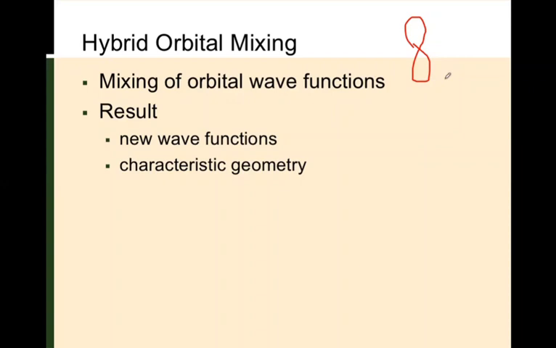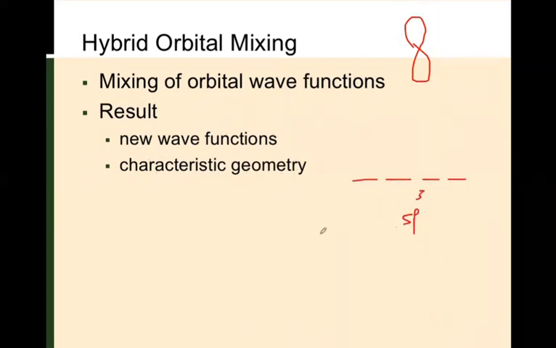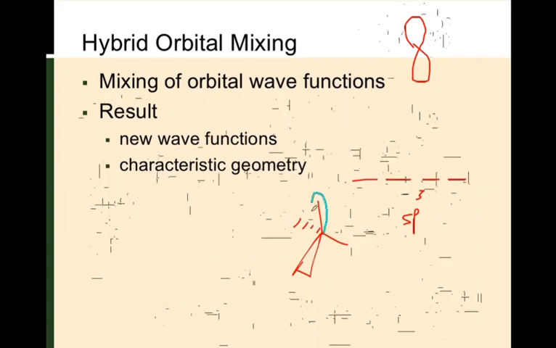But ultimately, the point is that whenever we create these hybrid orbitals, like our sp3 hybrid orbitals, they point in 3 dimensions, right? Something like this. In order to get them to point in those directions, we have to combine certain amounts of the pz orbital or px orbital or py orbital.